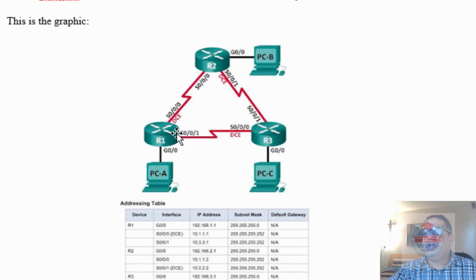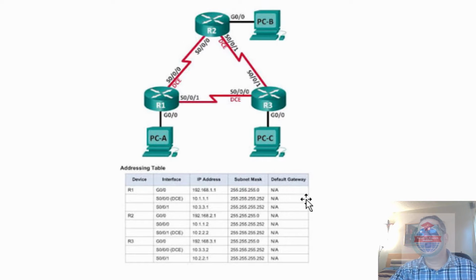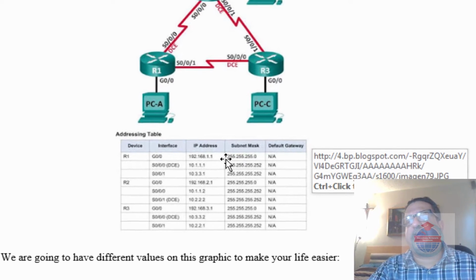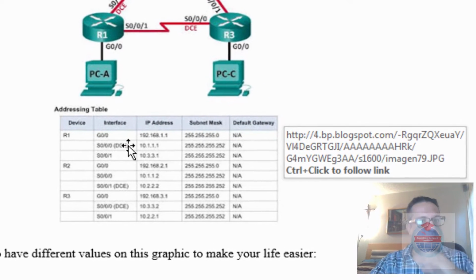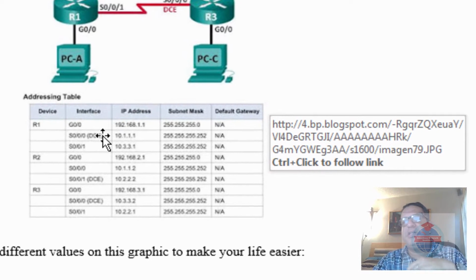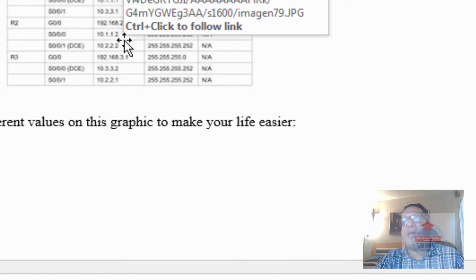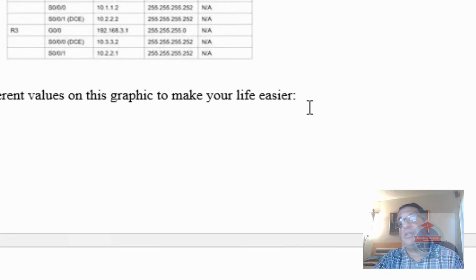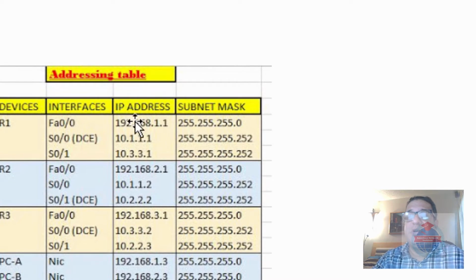So over here, this is what I mentioned, as you can see in the graphics, the Gigabit Ethernet 0/0, how it appears over here, and the S0/0/0, no, S0/0. It's a little bit confusing, but beside it you're going to see the IP address, and on the other side you're going to see the subnet mask. On the subnet mask, you're going to see a certain difference. Let me show you on my graphic over here.